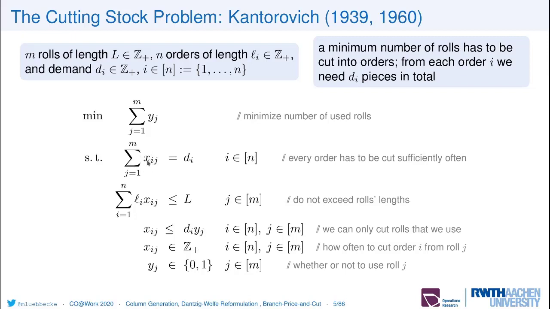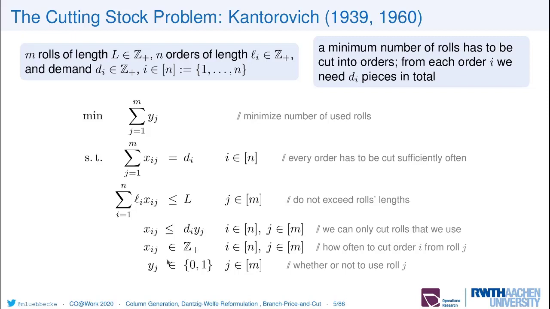This number of times should be exactly, or at least, the demand. Of course, I cannot cut more from a row than is available. So here I'm summing what I totally cut from one row j, and that should be not more than the row's length.